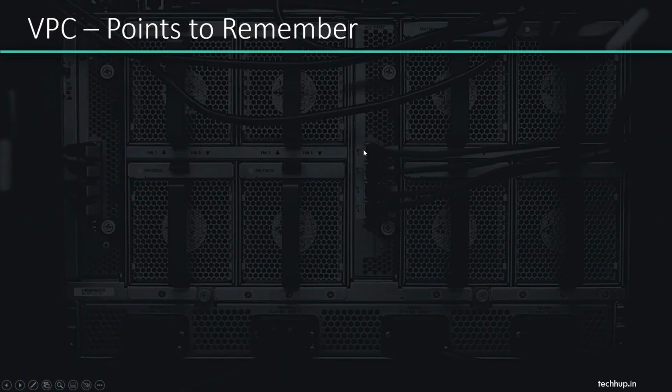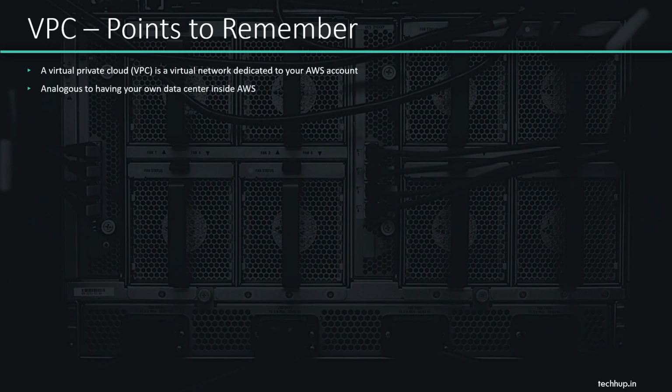Before wrapping up the theoretical part, let's have a quick recap of what we have covered. A virtual private cloud is a virtual network dedicated to your AWS account. It's analogous to having your own data center inside AWS.